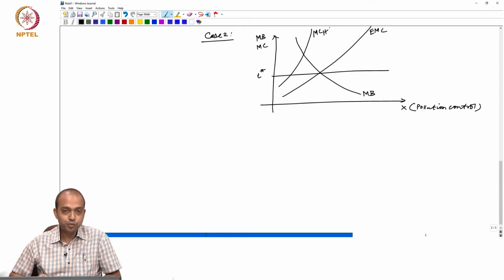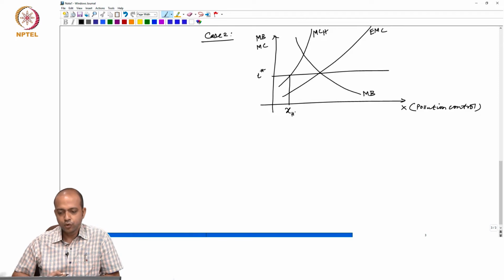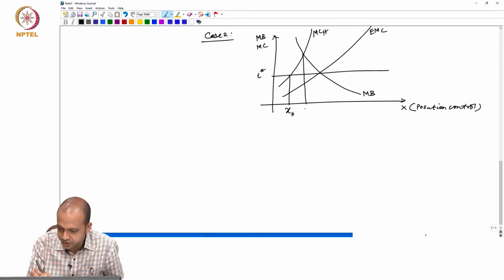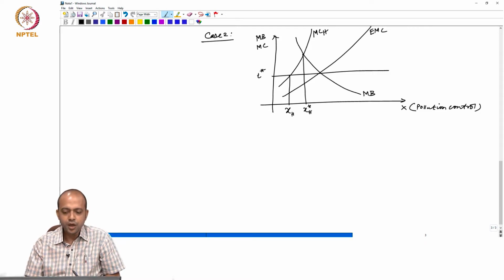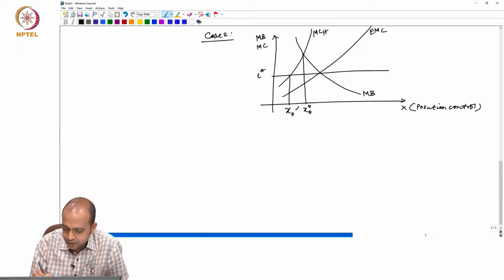Where is the private optima? Private optima is decided by T equals MC. So this is the private optima, let us denote it by XH. Where is the social optima? This is the social optima, where MB equals MC is achieved. This is called X star H. So X star H is greater than XH.